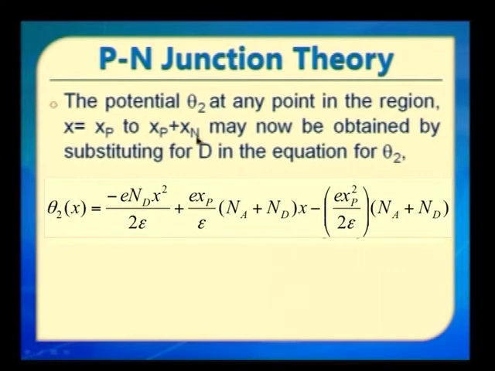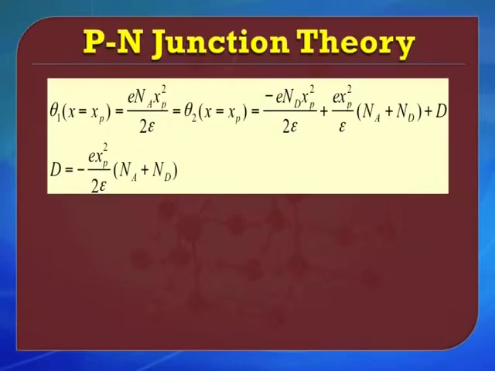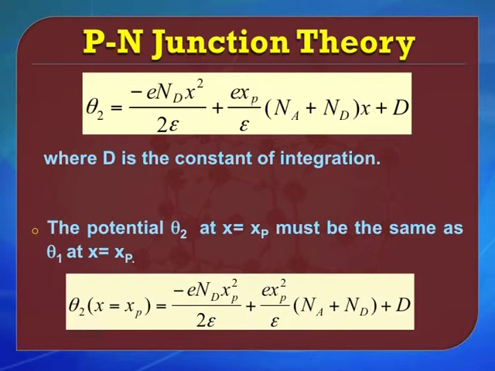And now comes the potential theta 2 at any point in the region x equal to xp to xp plus xn, which may be obtained by substituting for d in the equation for theta 2. You have got the expression for d, and that value of d should be substituted here to obtain theta 2. That is what I am doing here.